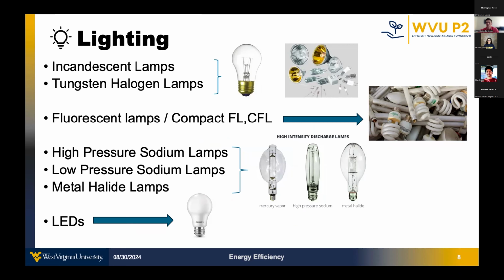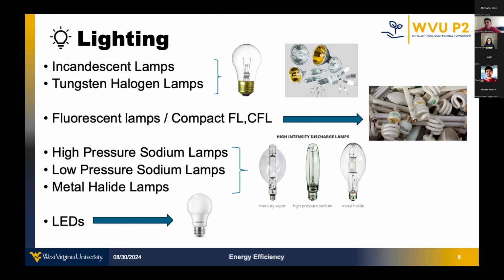Next are tungsten halogen lamps, which is the second image on the top, which are a slightly more efficient version of incandescent lamps, but still consume a significant amount of energy. Fluorescent lamps and compact fluorescent lamps, or CFLs, are known for their energy efficiency and long lifespan, making them a popular choice in industrial settings.